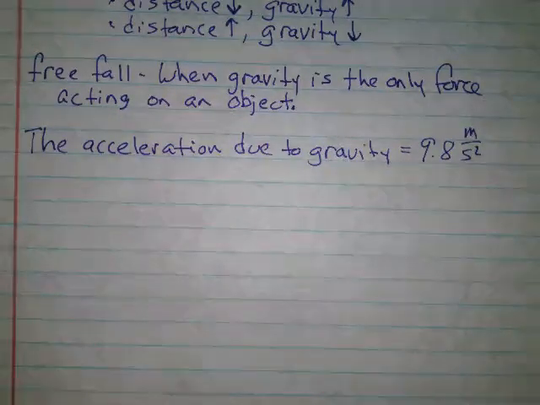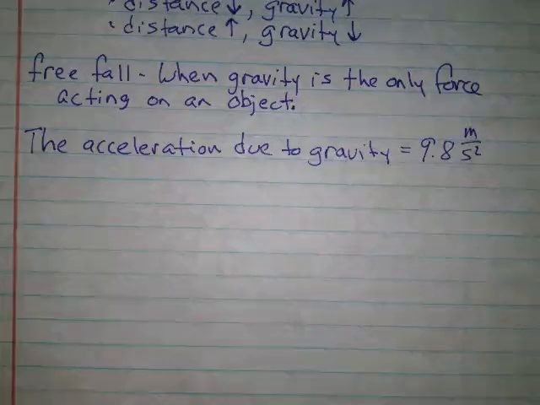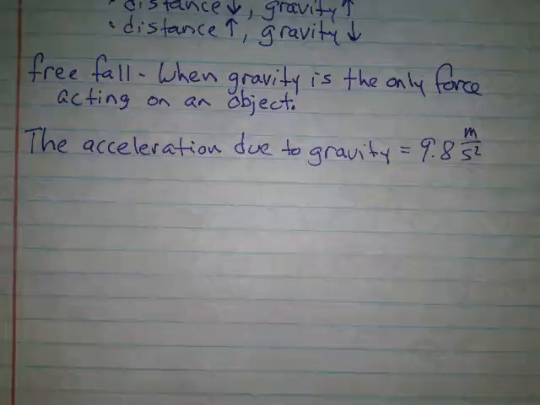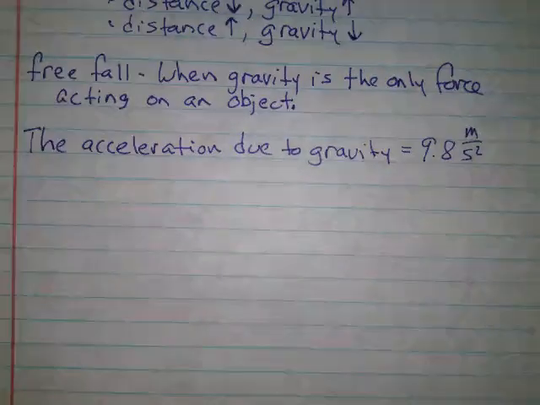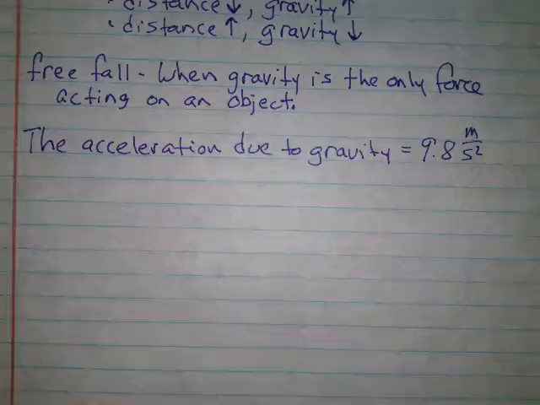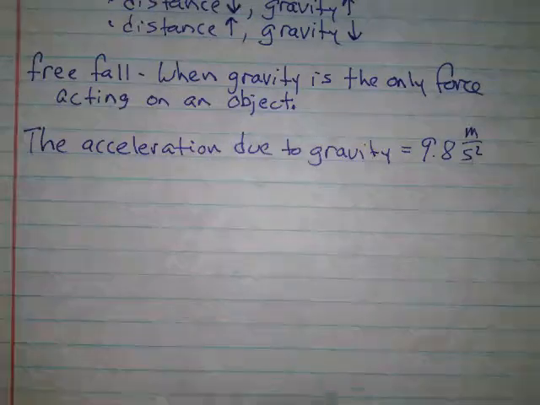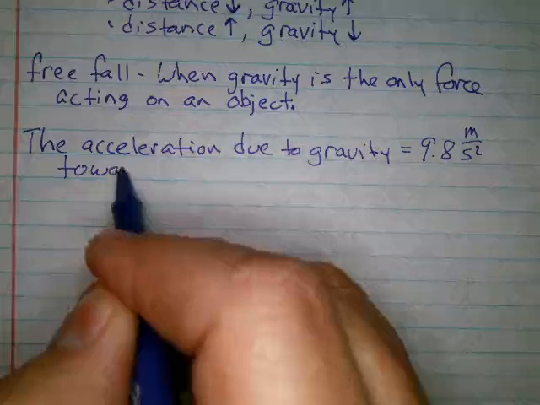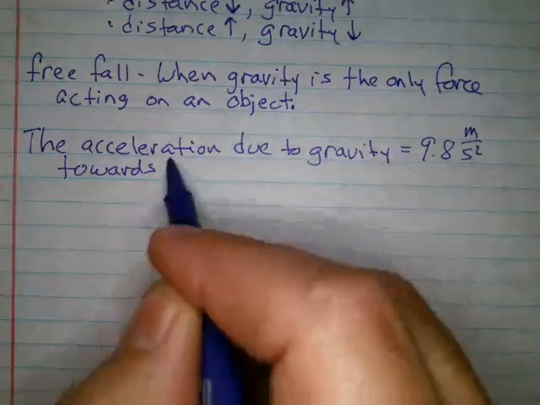The acceleration due to gravity is 9.8 meters per second squared. And this is an amazingly famous number. So the acceleration due to gravity is 9.8 meters per second squared towards the center of the Earth.